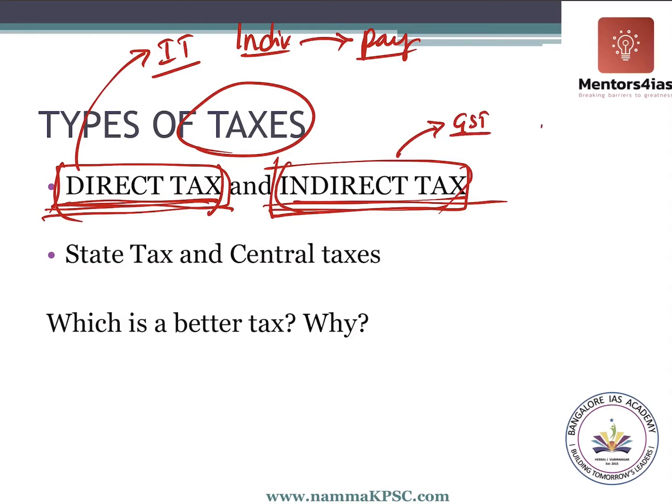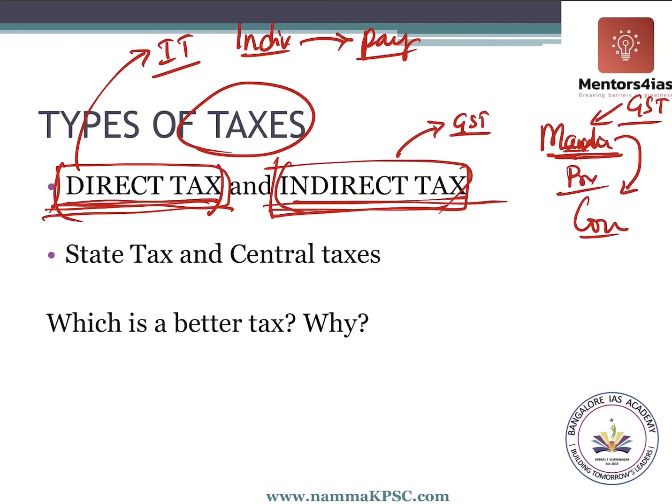Now let's say a manufacturer of toothpaste. The government levies GST on the manufacturer of toothpaste. But what does he do? He will transfer that tax to the consumer. So he will include that GST in the product. You might have seen on the package saying inclusive of all taxes.